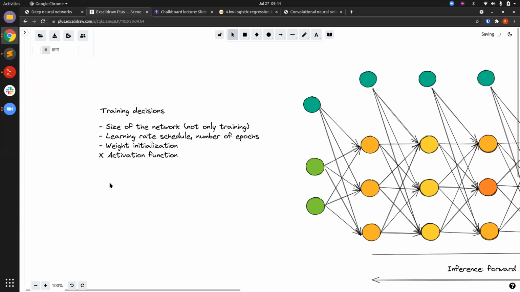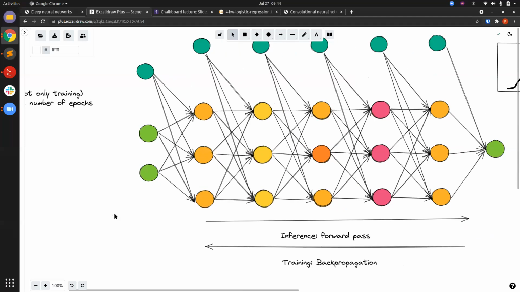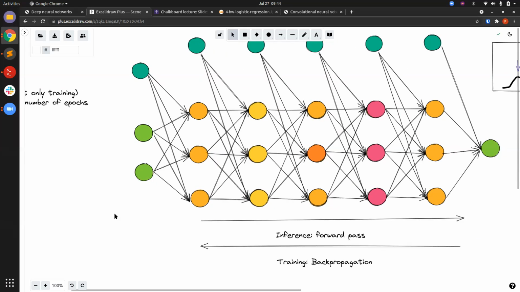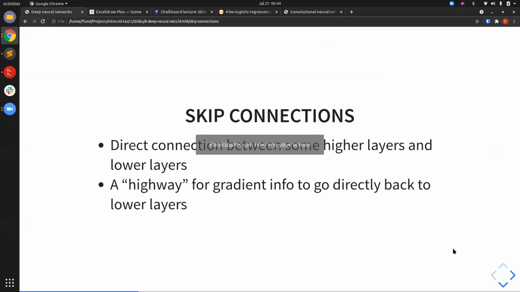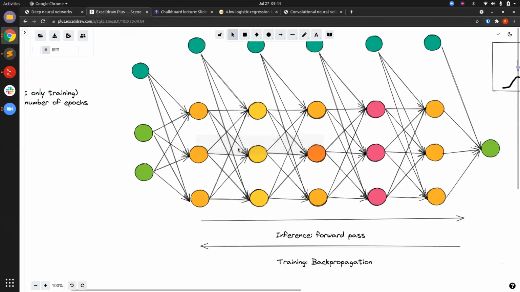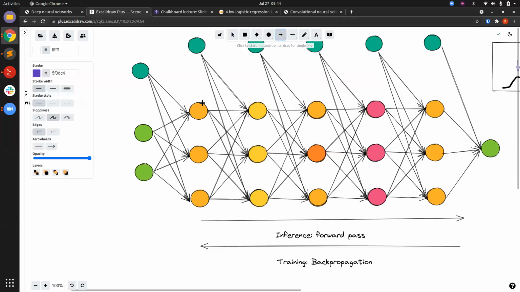All right. There's one other little thing that can help with propagating those gradients around the network. Besides choosing a good activation function to avoid the vanishing gradients, some networks use what's called skip connections, where you have direct connections between higher layers and lower layers. So instead of just having each layer connect only to the next layer and the previous layer, you could end up with some special connections like this.